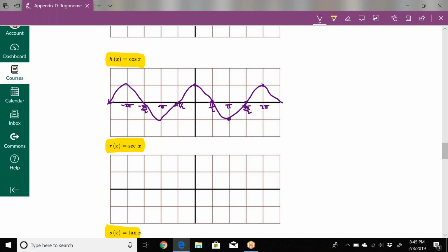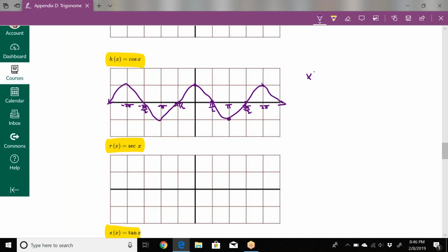Okay, so when we talk about secant, we're talking about, remember, the reciprocal of all the cosines. So if you think about it, this is the point 0, 1. When we look at that as an ordered pair, we're going to be flipping the y value essentially, which is our ratio.